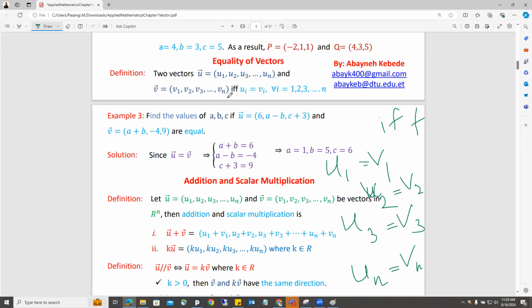If and only if, you need to remember this. If we define this one like this, if and only if, we represent like this. What does this mean actually?